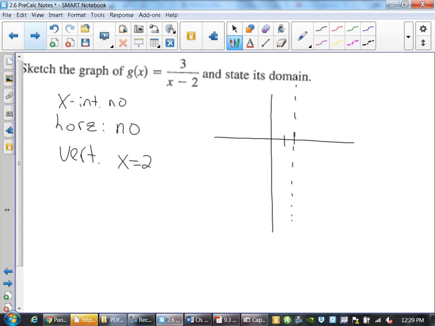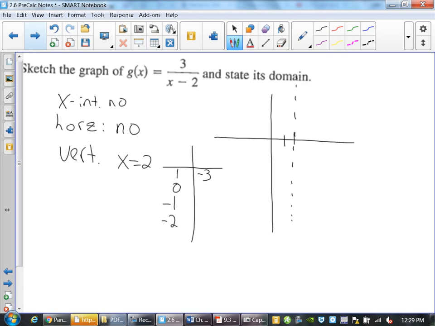I'm going to pick values on both the left hand and the right hand side of that. So we'll use 1, 0, -1, -2. If I use 1, I get 3 over -1, which is -3.